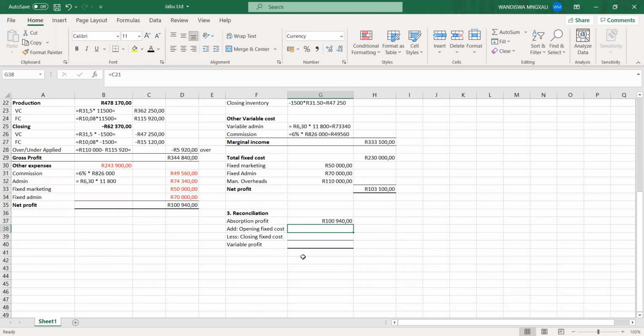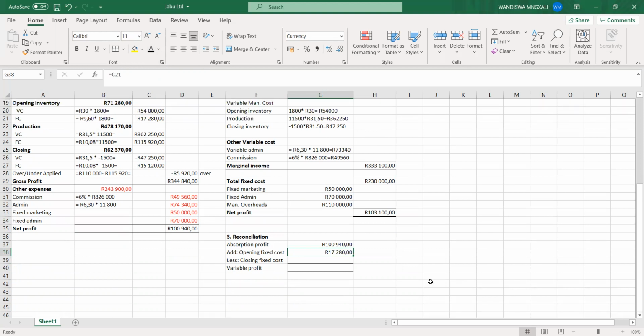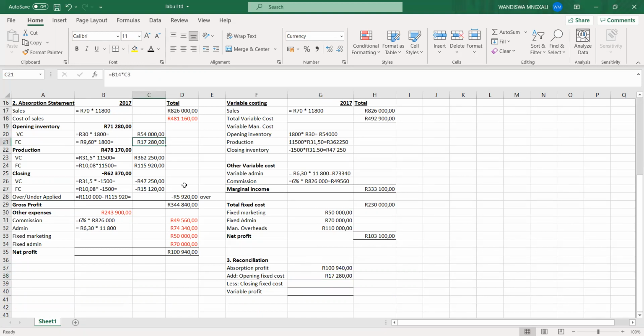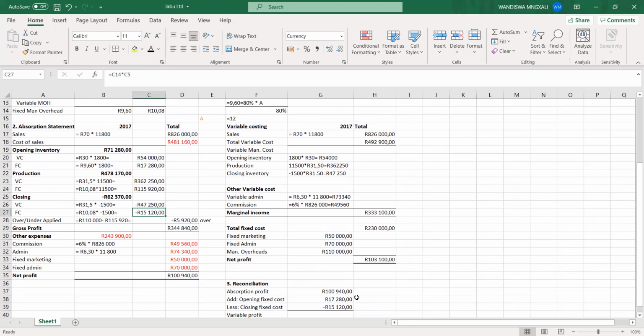Then add your opening fixed cost, which was 17,280. Okay, where did I get it? There it is. So it is the fixed cost of my opening inventory. Then less your closing fixed cost, which is 15,120. Where do I get that? There it is under my closing inventory, the fixed cost portion, 15,120.